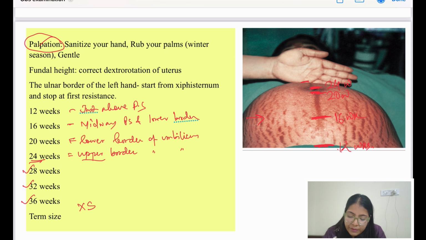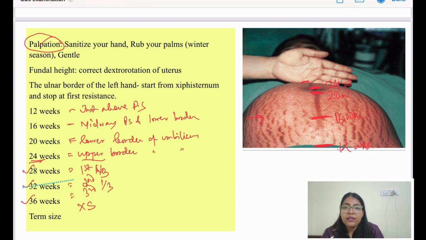The first third will be 28 weeks, second third will be 32 weeks, and the upper third will be 36 weeks. Okay, and towards the term, the fundal height will come down, but the flanks will be full.